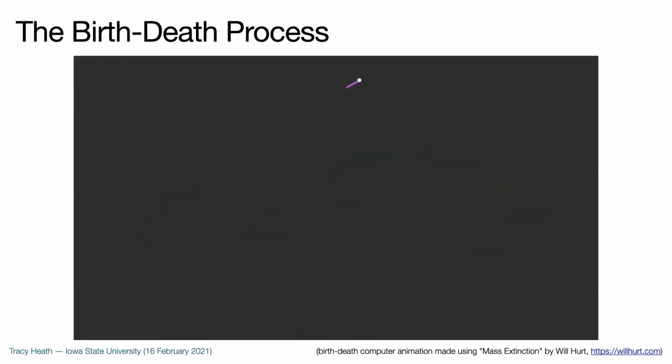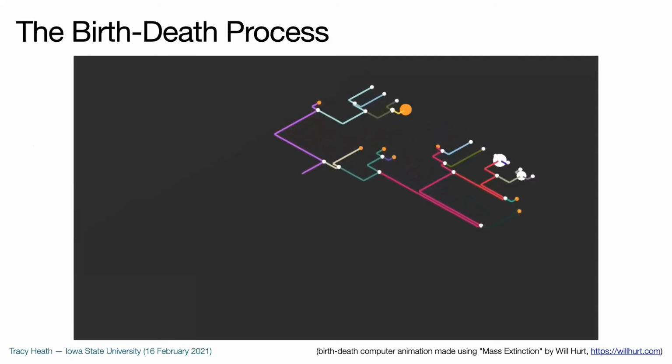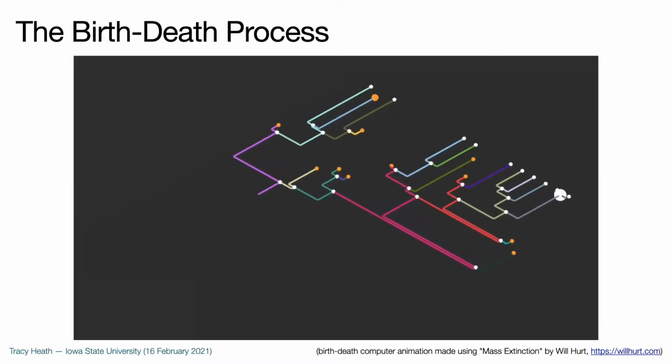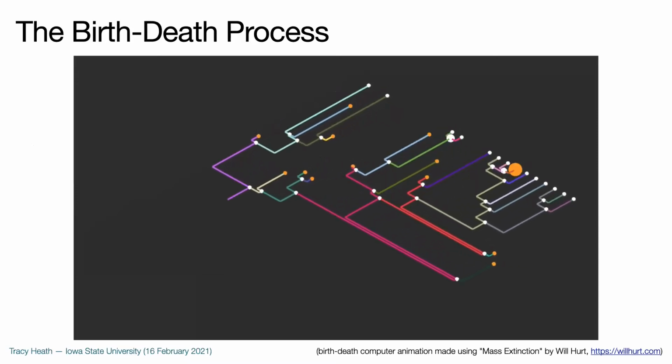So this is an animation showing the generation of a birth-death tree, and we have some rate of speciation that gives rise to new lineages, and the death rate is the parameter that controls the rate at which lineages go extinct.